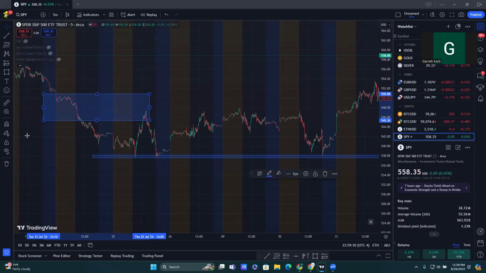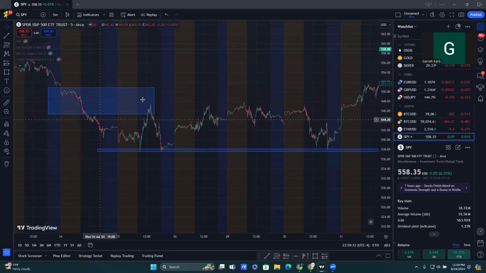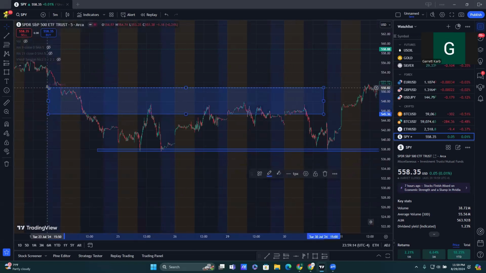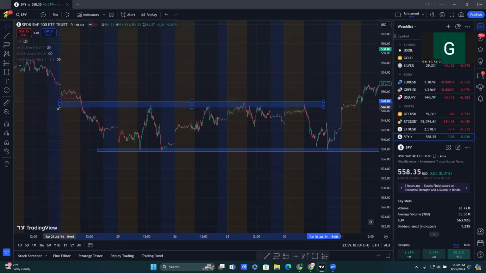Let's see. Looks like this is a common area. So this is a common area up here.